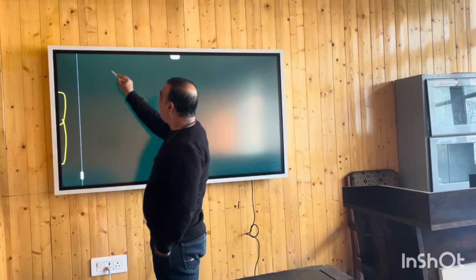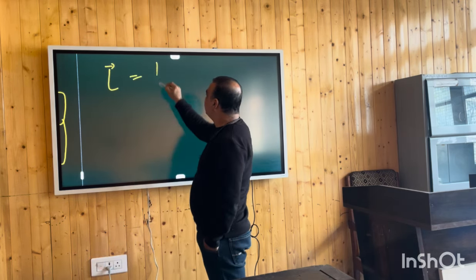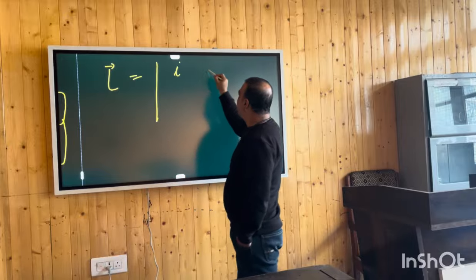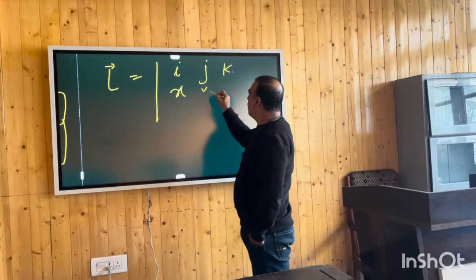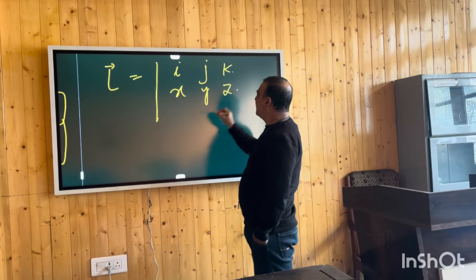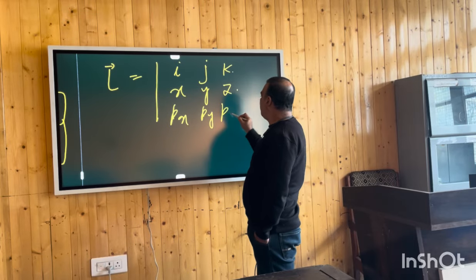So I can write down this angular momentum vector as a determinant of i, j, and k. Then you'll have x, y, and z. Then you'll have px, py, and pz.